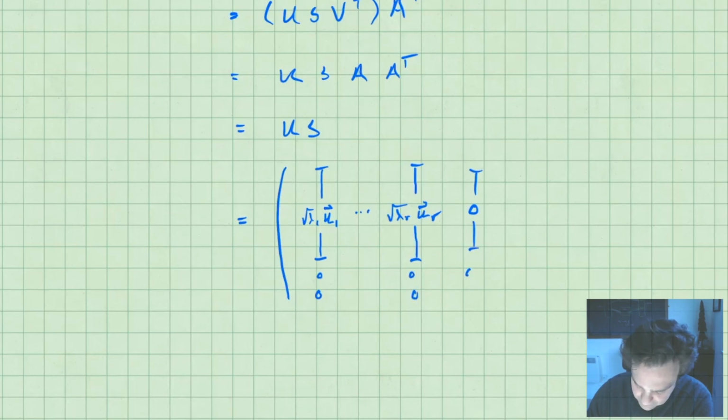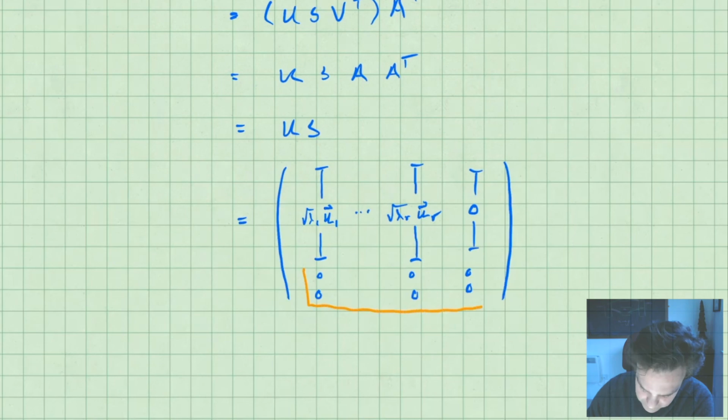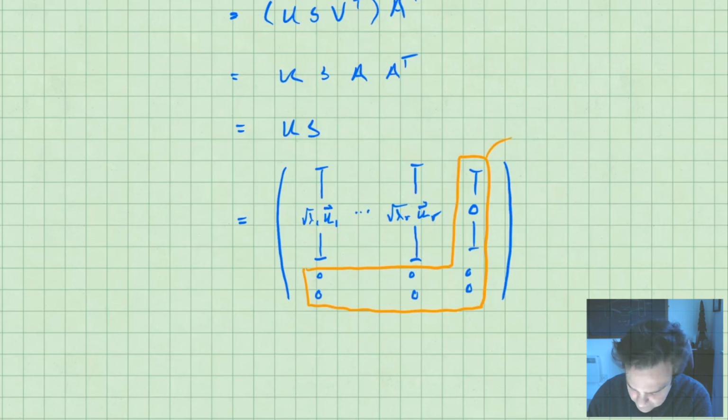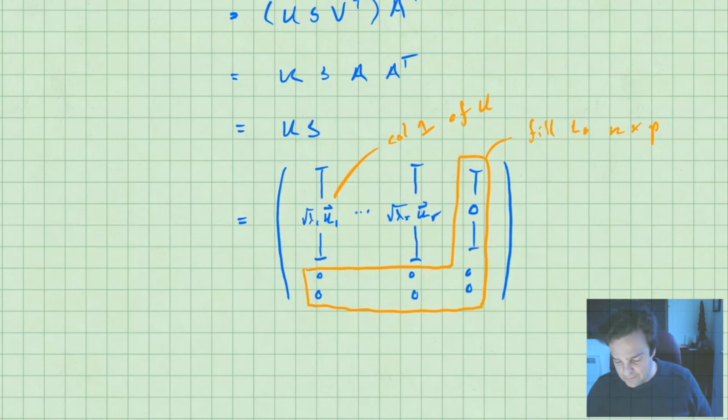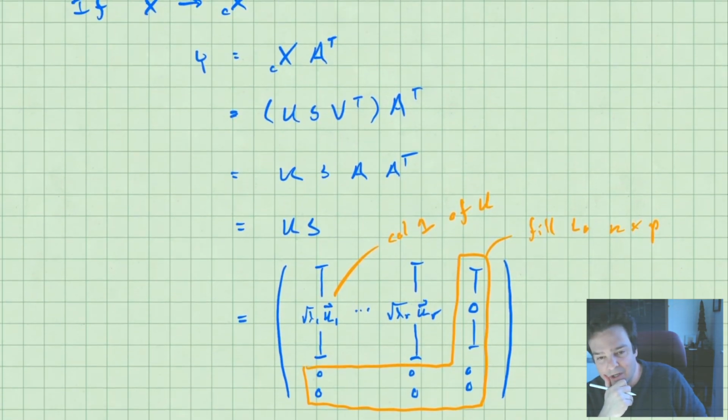And the zeros kind of fill things out. This is just block notation, so this is filled to n by p. And I should also say this guy is column 1 of the matrix U. So I hope that notation is clear. And so this gives you this nice way to immediately generate the matrix Y.